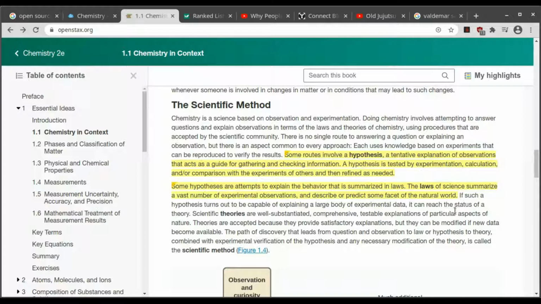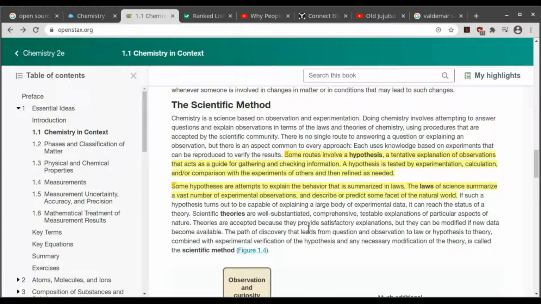Theories are accepted because they provide satisfactory explanations, but they can be modified if new data become available. The path of discovery that leads from question to observation to law or hypothesis to theory, combined with experimental verification of hypothesis and any necessary modification of a theory, is called scientific method.